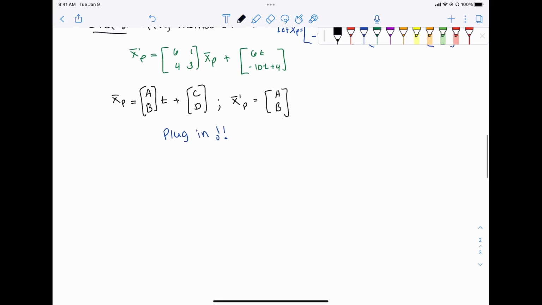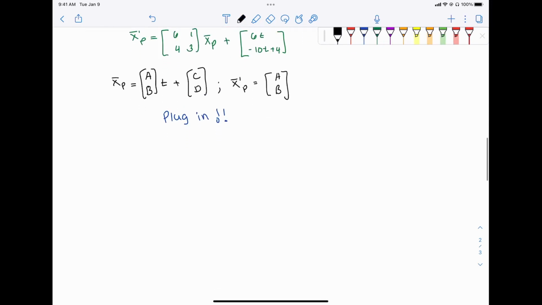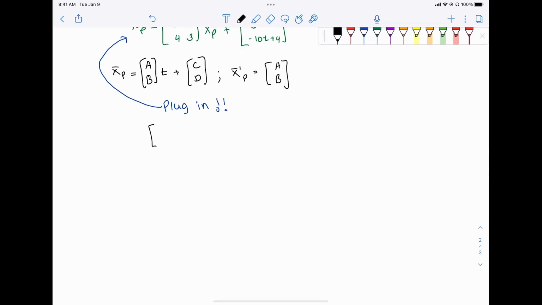Okay. So remember, we plug into our original equation here. And then we say x prime of p. Well, we said that simply just equals a b, this column vector here.